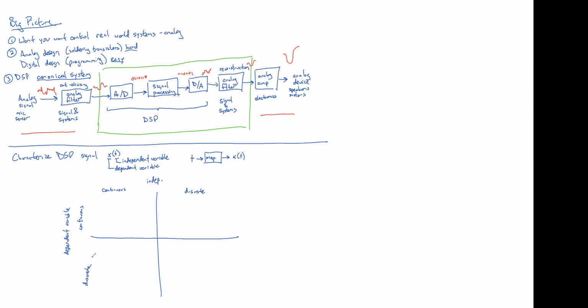So as an example of one where it's continuous in, continuous out, it might look like that. Here's your t, and I'll make this a voltage. And this has a special name. It's called an analog signal, and it's what we analyze in EE431.